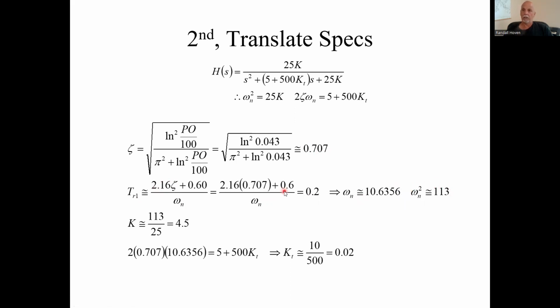If I'd used that other simpler formula, I think I would have got exactly 9 here, 81 here. I didn't do the rest of the design with that. I'd use this formula, which is supposedly the more accurate formula, from the formula sheet.